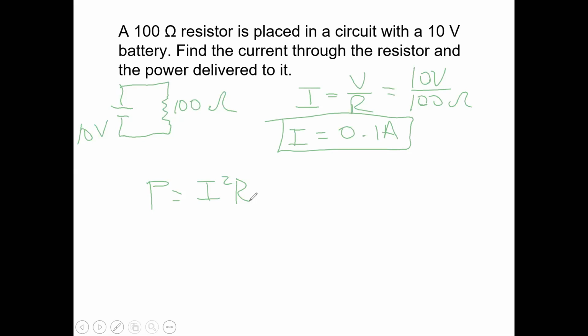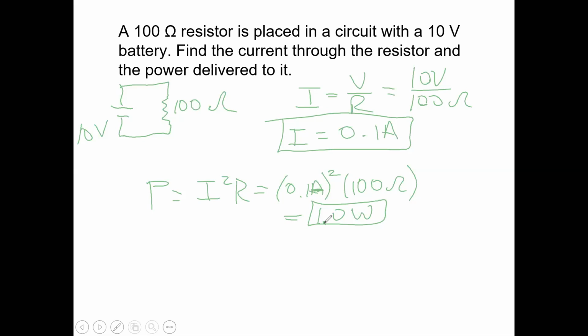But I do know exactly how much current is going through that resistor. It's 0.1 amps. And I know that the resistor has a resistance of 100 ohms. So as a result, what do I calculate here? I calculate that the total power delivered to this resistor is 1 watt.